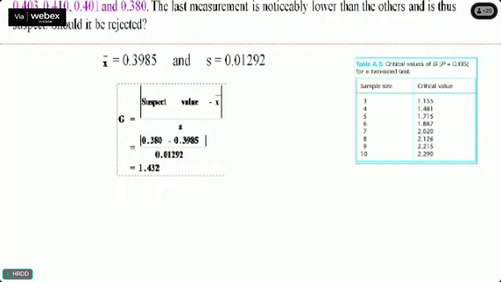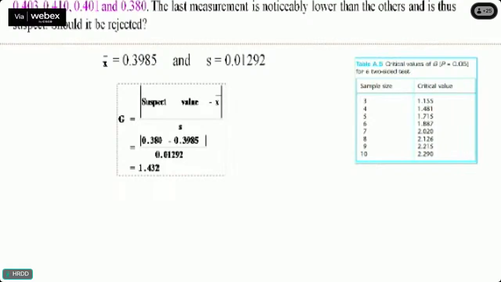4 values are obtained for the nitrite concentration in a sample of river water: 0.403, 0.410, 0.401 and 0.380. Just by looking at the data, you feel that the last value 0.380 seems to be noticeably lower than the rest of the set of data. Should it be rejected or not?